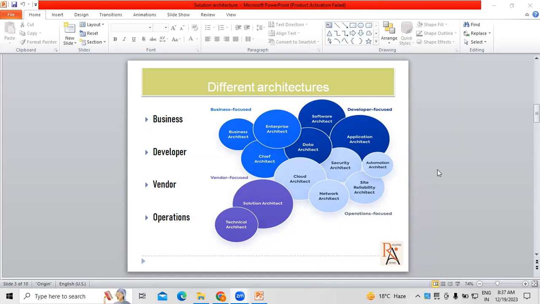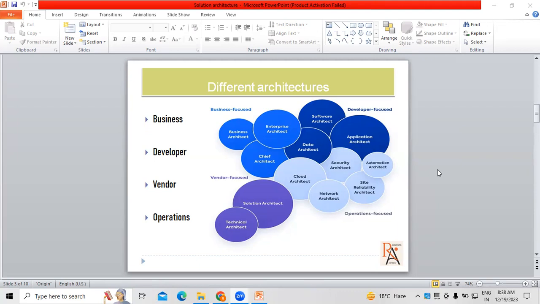Whereas the third one is operational focused. Operational focused means to operate a solution or an application. Whatever is required for every application: security is needed, because every application must protect the data against malware and so on, right? So we have to manage security. Security architecture is also one of the key elements.